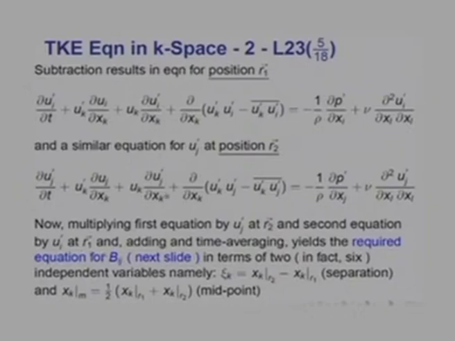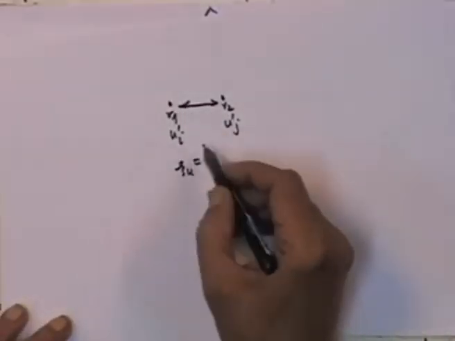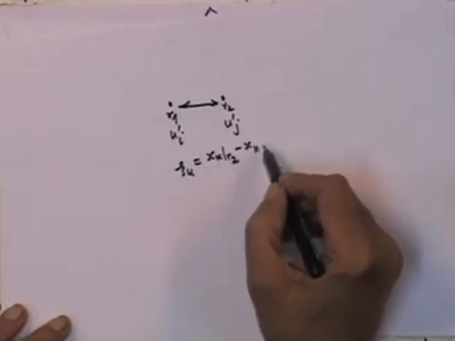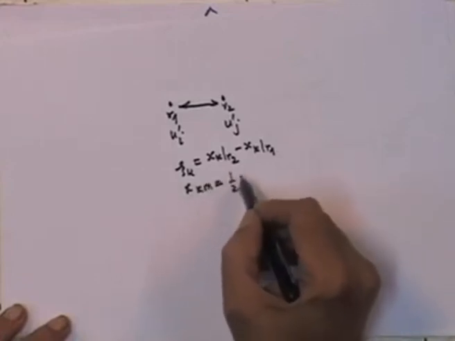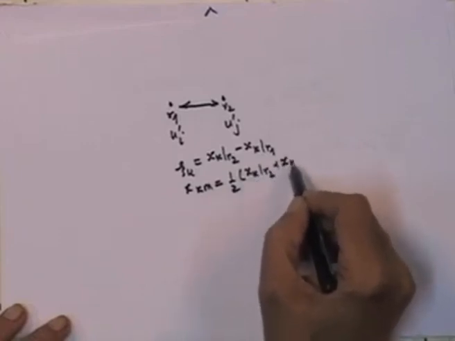We then add the two equations and time average, which would yield the required equation for B_ij, with two independent variables: xi_k, which is the difference, so xi_k equals x_k at r2 minus x_k at r1, and x_k mean equal to half of x_k at r2 plus x_k at r1.